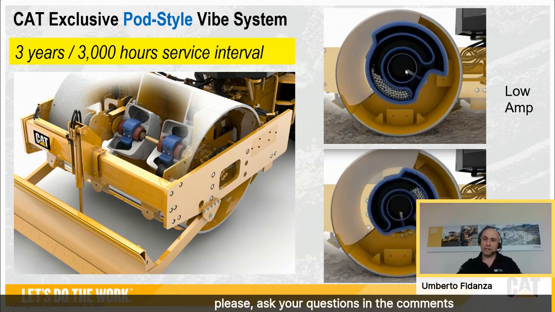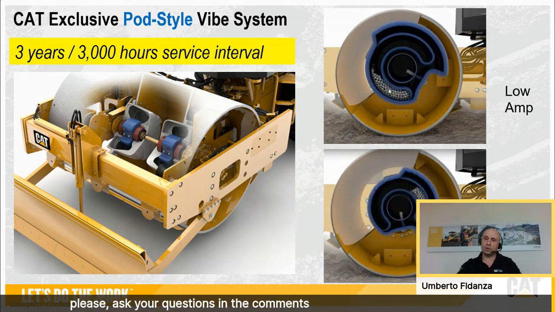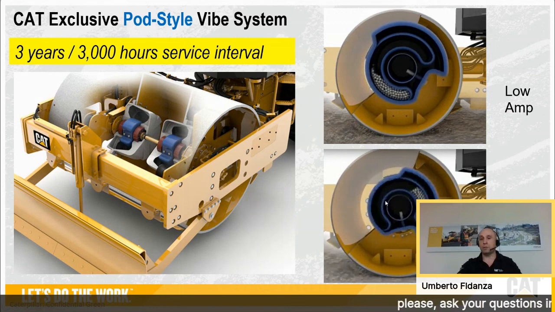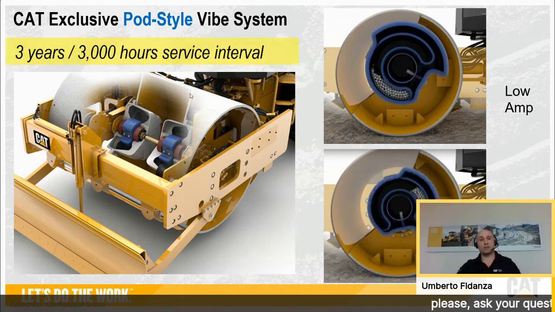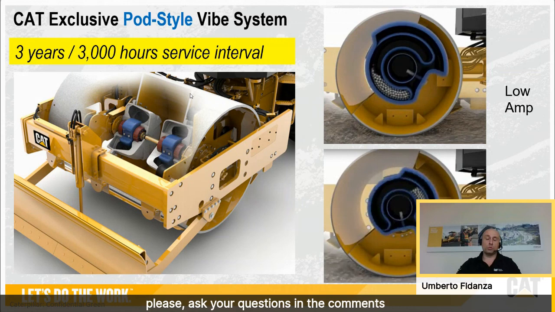All the counterweight steel bolts are completely confined in closed housings. So there is no contamination of the oil bath, and a longer life of the bushing and overall the vibrating system. We can offer a 3 years, 3,000 hour service interval on all our products, which is almost 1 or 2 times or even 3 times more than the standard offering.